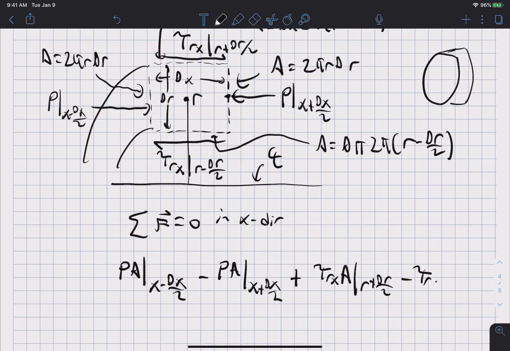So that's tau Rx times the area at r minus delta r over 2. And this is equal to 0.